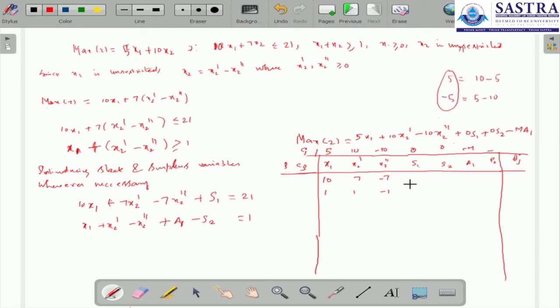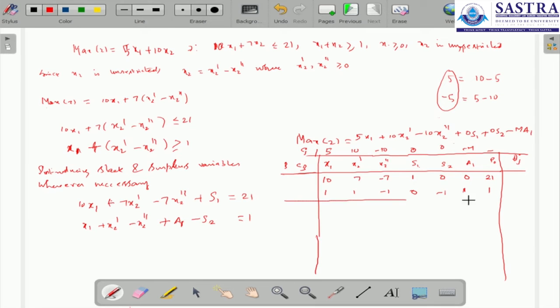So x1, x2' and x2'' are filled. The S1 coefficient in the first inequality is 1, S2 coefficient 0, A1 0, then P naught column 21. Then the S1 coefficient in the second inequality is 0, S2 is minus 1, and A1 coefficient is 1. Then the corresponding P naught column is 1.